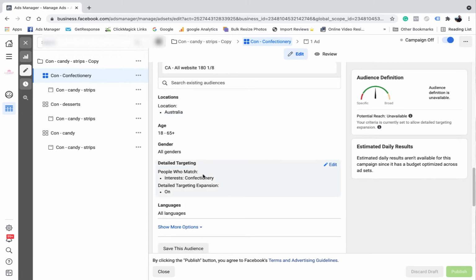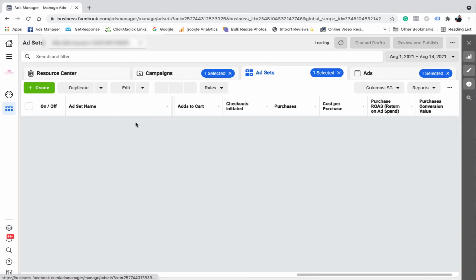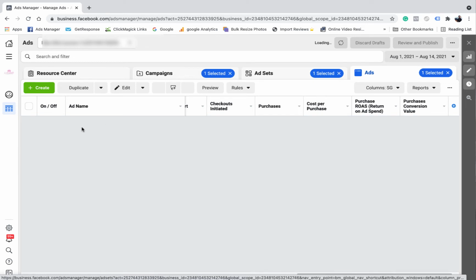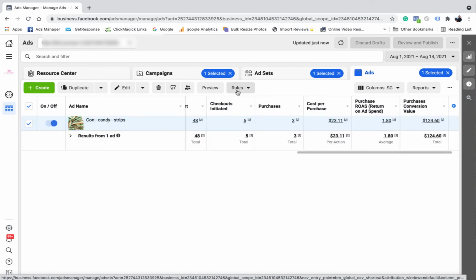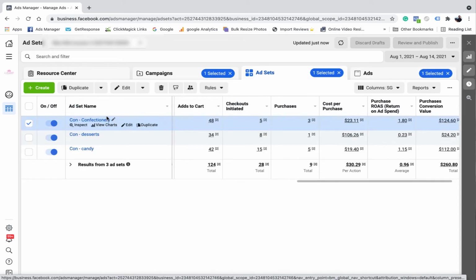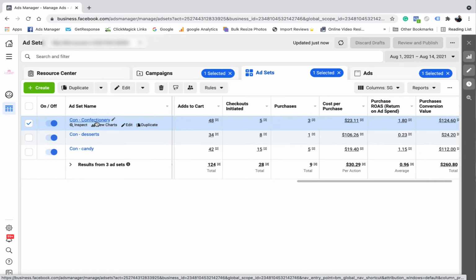Come down here. As you can see, I just picked the interest and then named that. Because I've got 3 ad sets here, I only want 1 ad in each ad set, unless I've got a bigger budget, because I'm only spending $20 a day on this campaign. If I have $20 a day split between 3 ad sets, that's about $7 something each ad set.